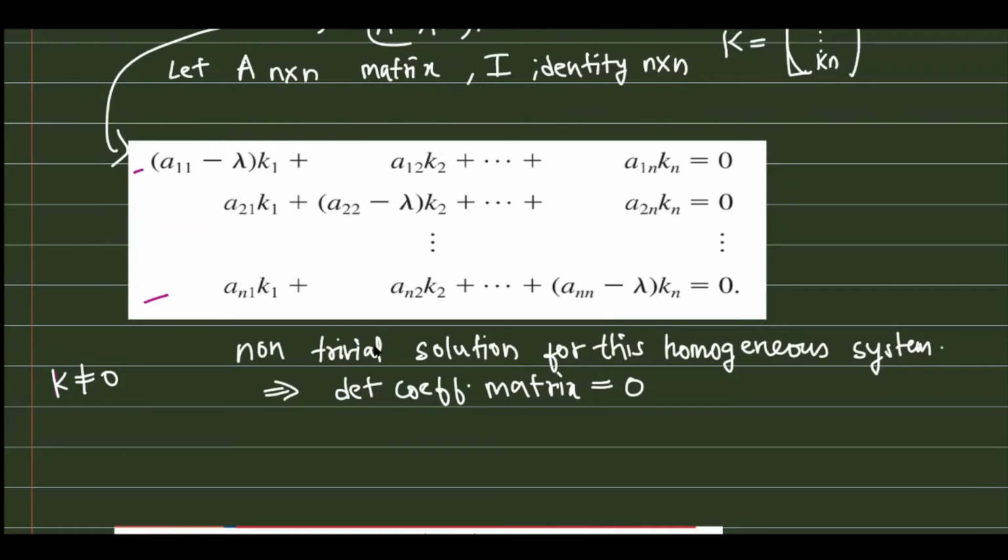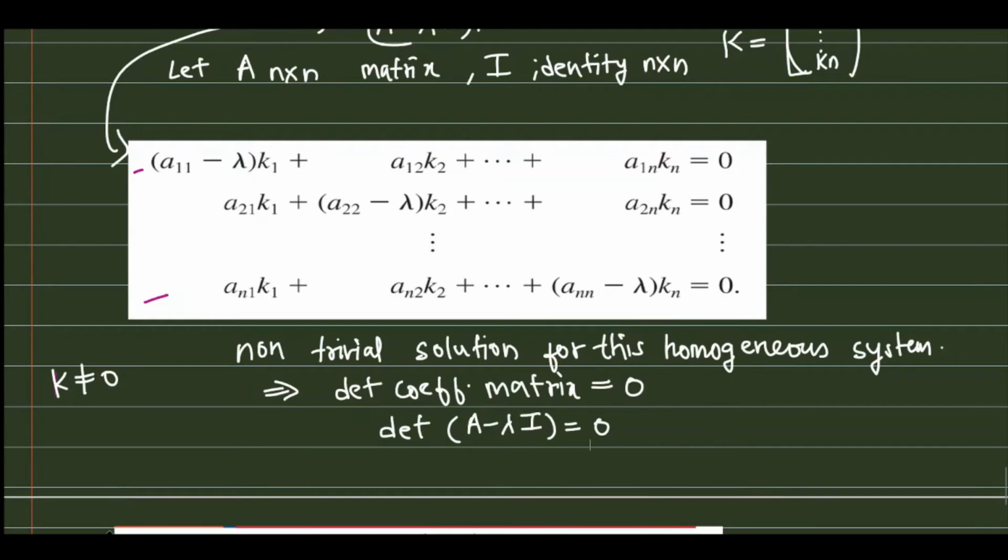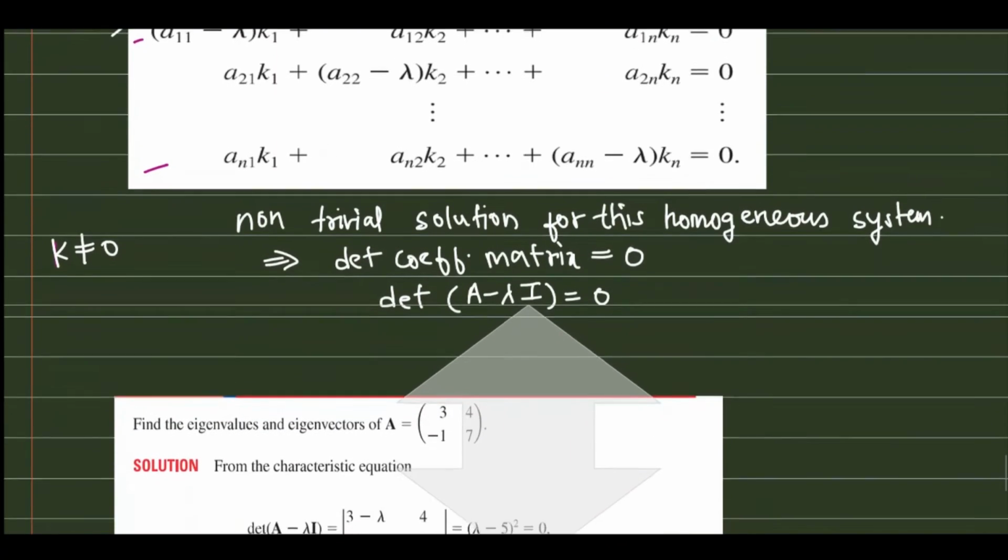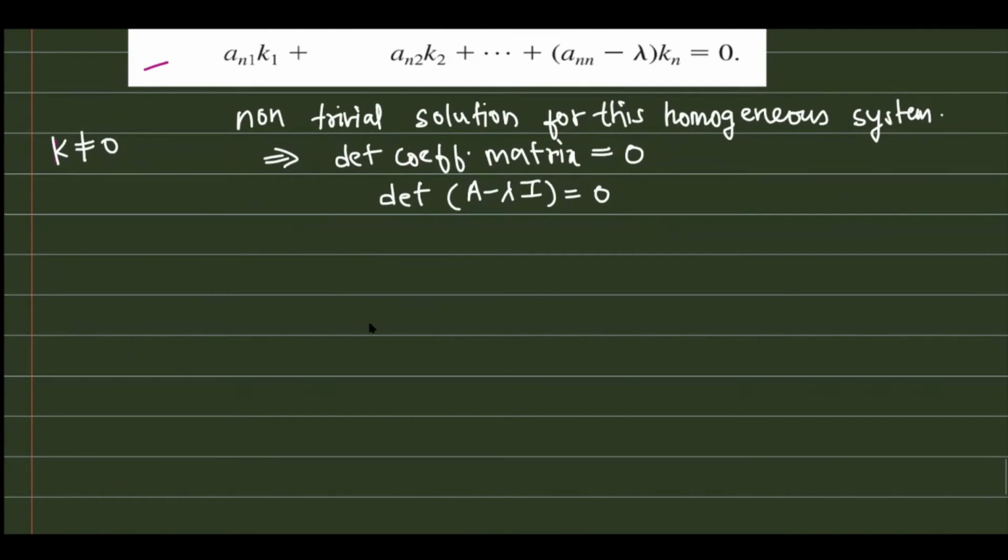So from here, to get a non-trivial solution, we must have the determinant of (A minus lambda I) equal to 0.